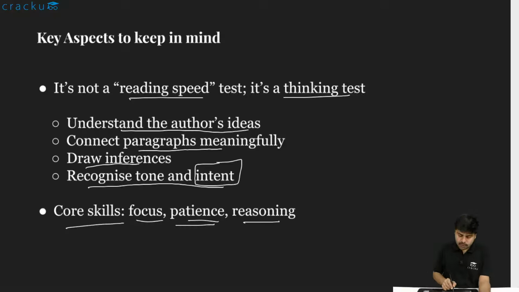It tries to see how patient you are, whether if you are provided a sentence that is not as clear to you as you might expect at first, you can't rush it, right? You have to be patient in understanding the passage essentially, and you should be focused. So all of these aspects you should be keeping in mind when it comes to reading comprehension, right? I hope that is understood. Let's begin with the next one.